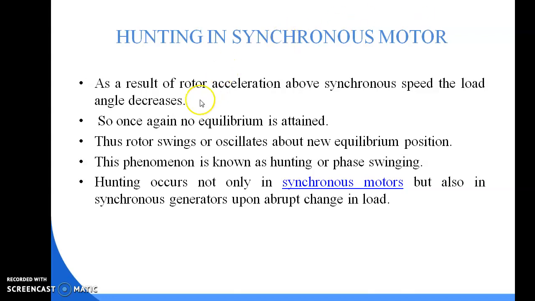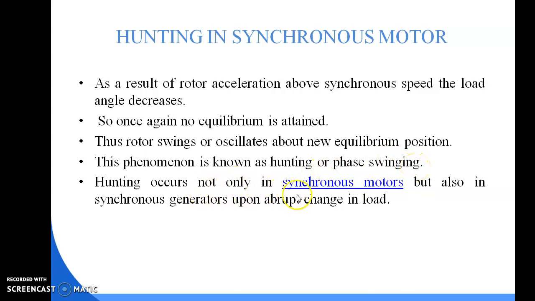As a result of rotor acceleration above synchronous speed, the load angle decreases. So, once again no equilibrium is attained. Thus, rotor swings or oscillates about the new equilibrium position. This phenomenon is known as hunting or phase swinging.